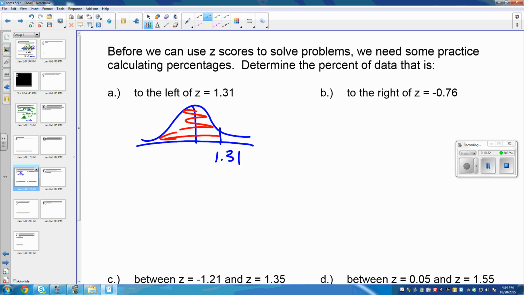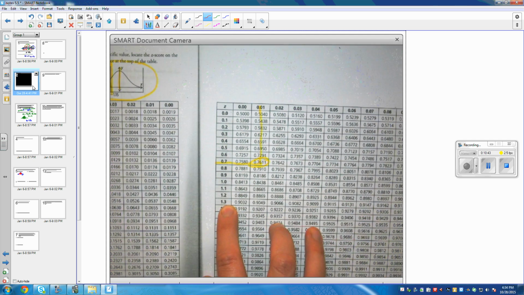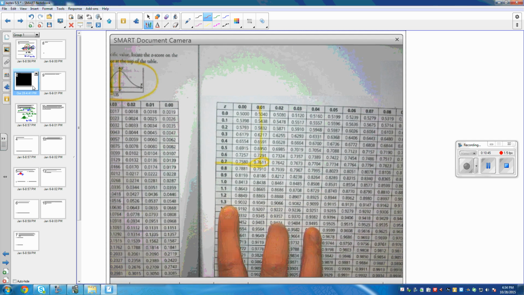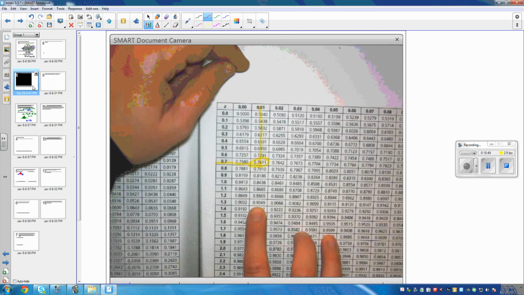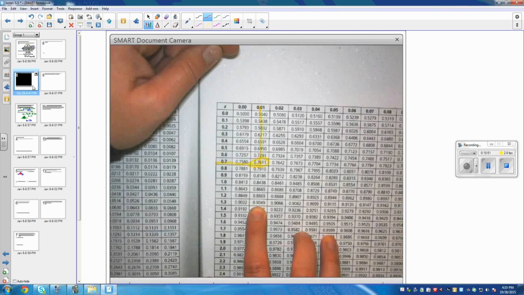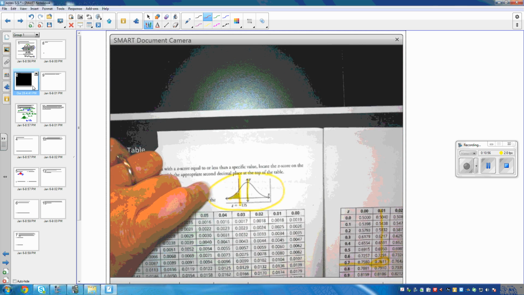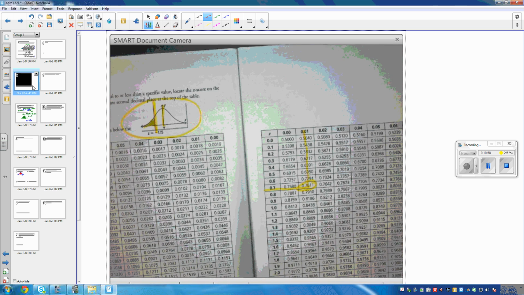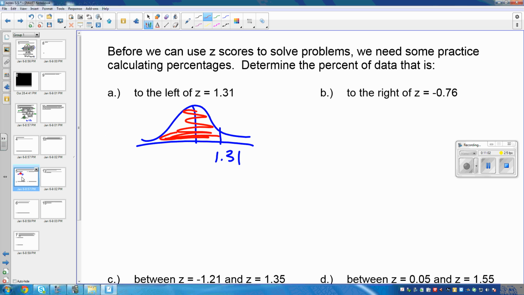I look at 1.3, and I go to 0.01. So 1.3 and 0.01 here, that's 0.9049. Okay, and remember, that's what's to the left. So that's the real answer, 0.9049. If you want to change that into percentage, that's 90.49%.